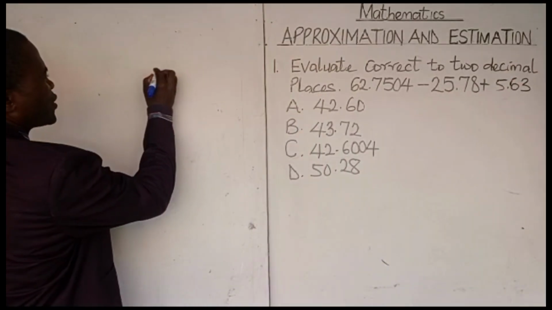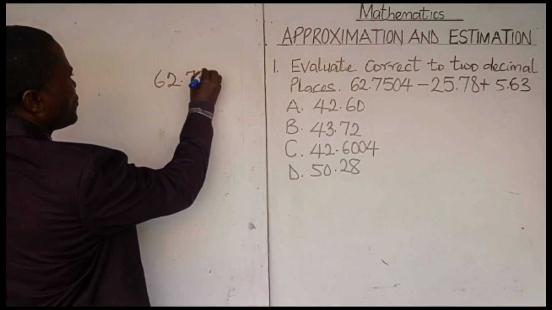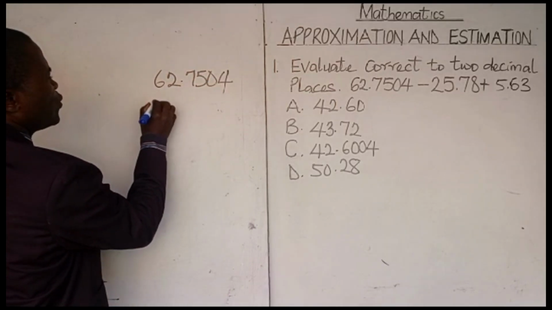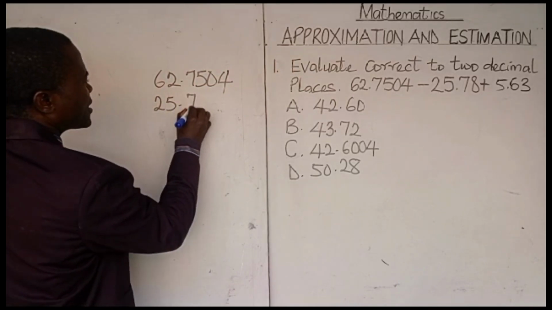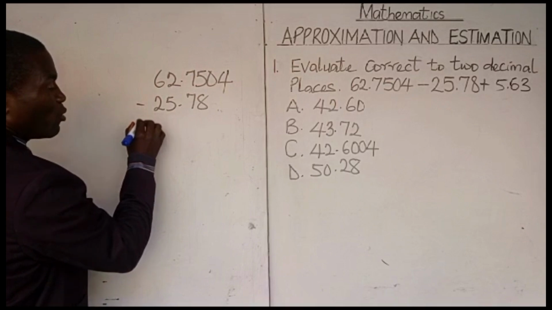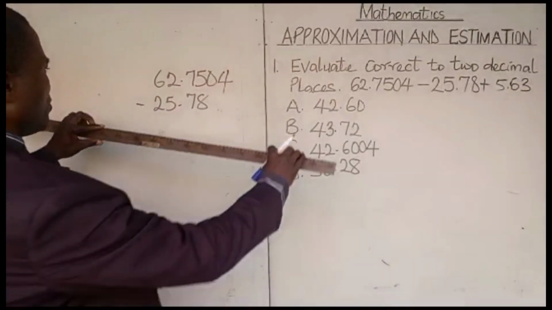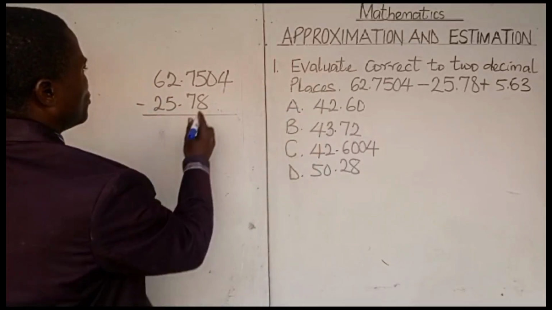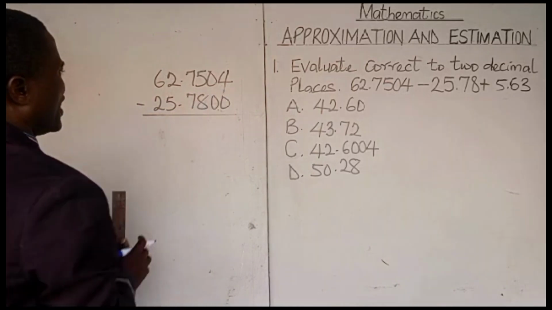We're going to write the first figure we are given, 62.7504, then minus 25.78. So we have subtraction here. We're now going to draw a line and put a figure here to fill the gap.